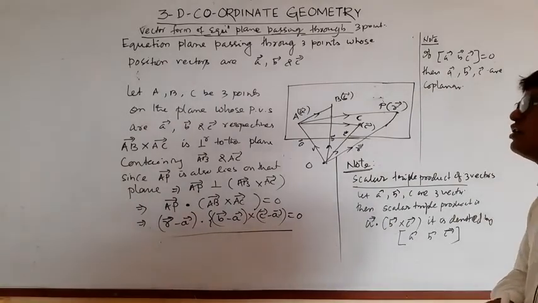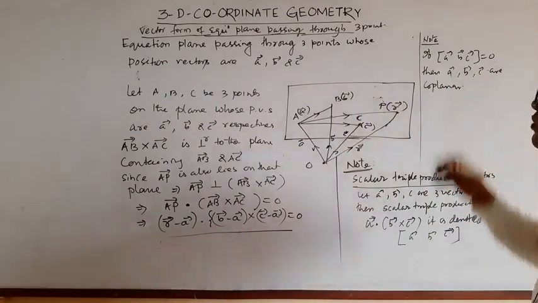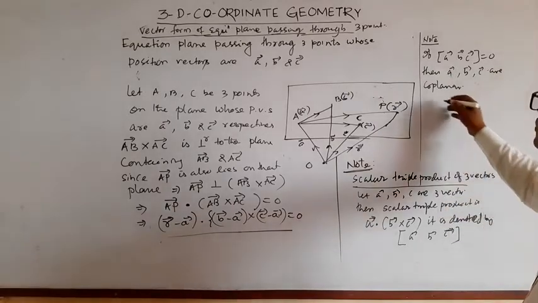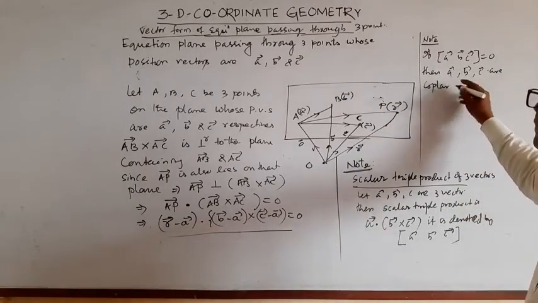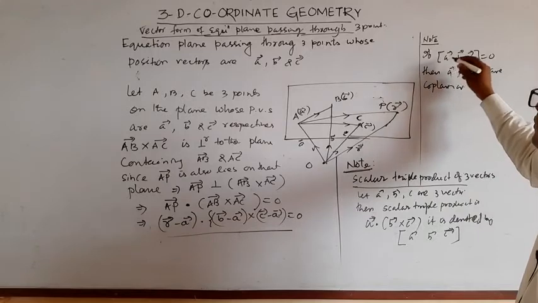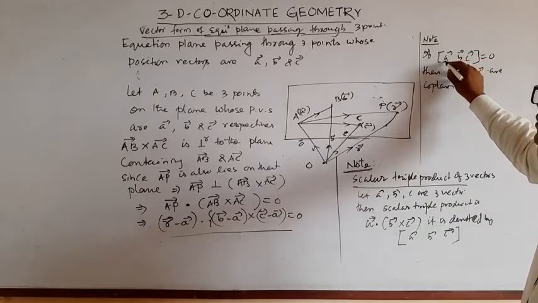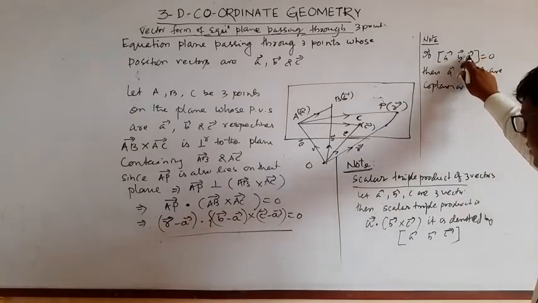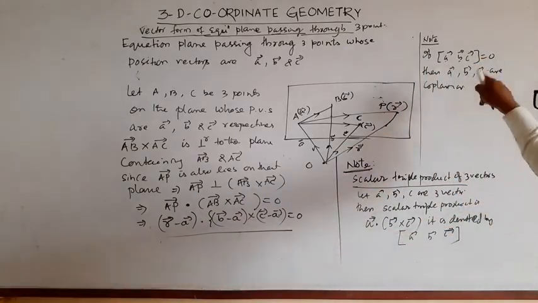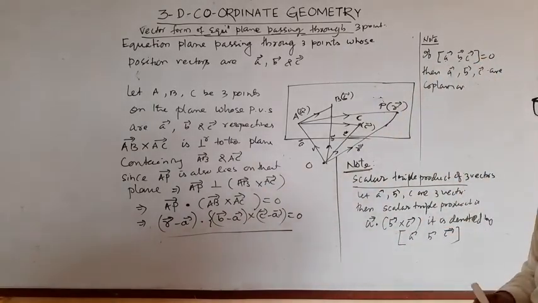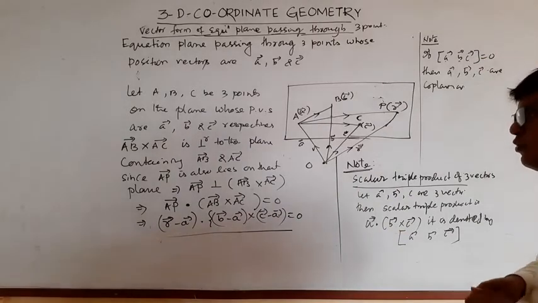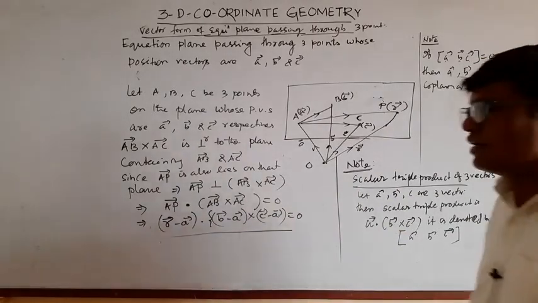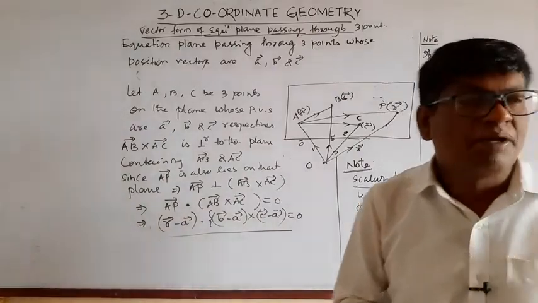This is the condition for three vectors to be coplanar. How to prove 4 points are coplanar?